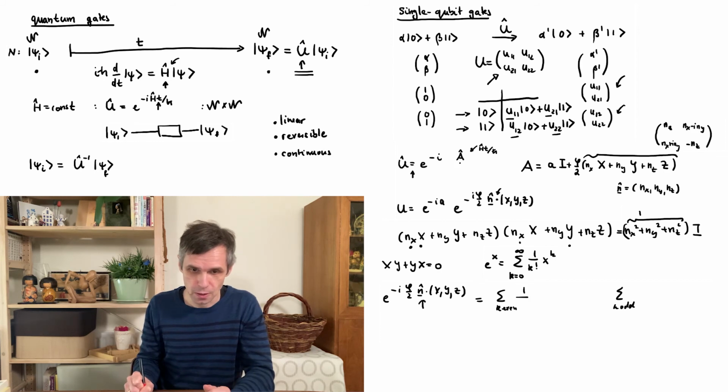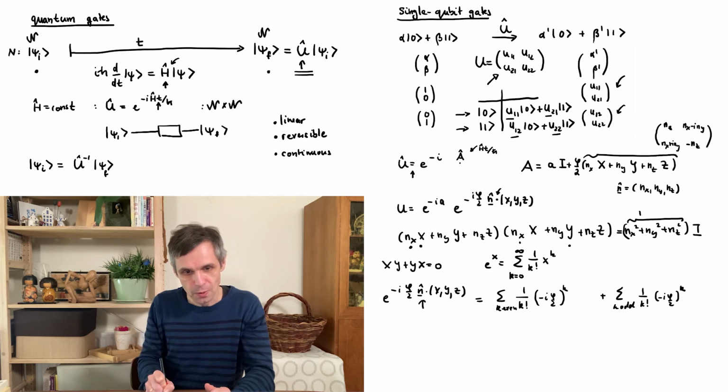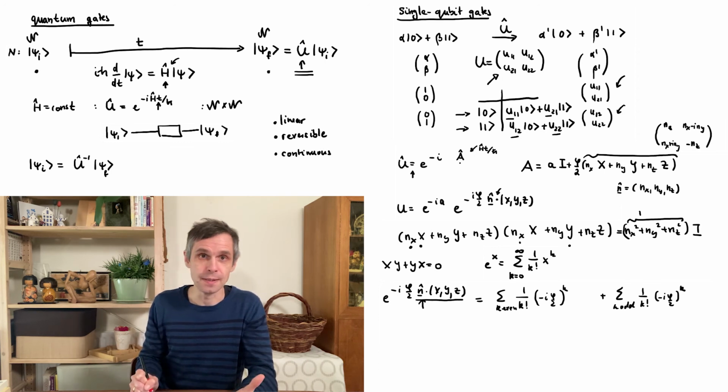Some powers k of the exponent in here. By the definition of the exponential function, each factor will contain factors 1 over k factorial. And then we have the powers of the exponent, in which we have a term minus I phi over 2. So these are these powers given here. And also powers of these expressions here.